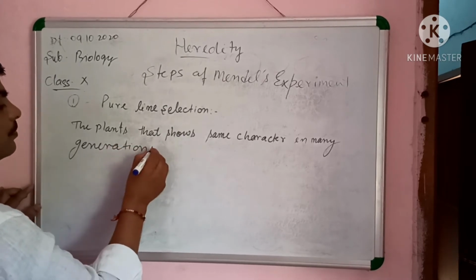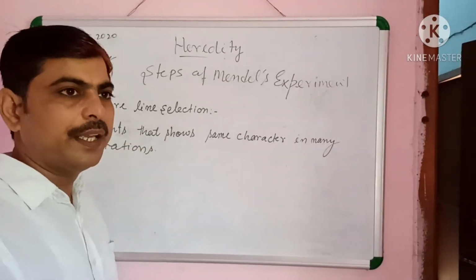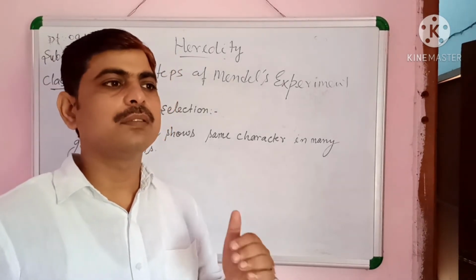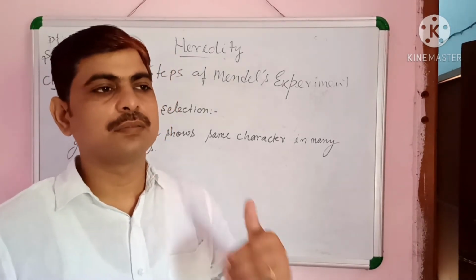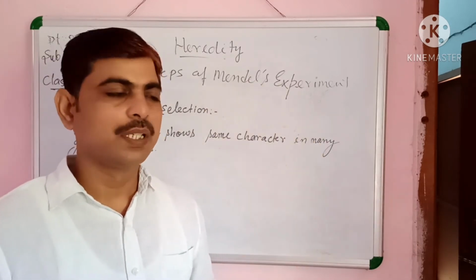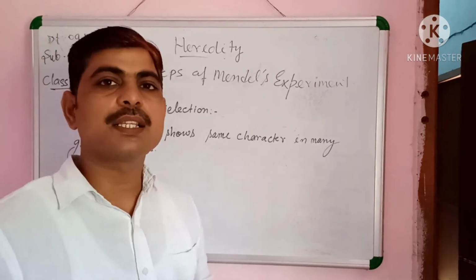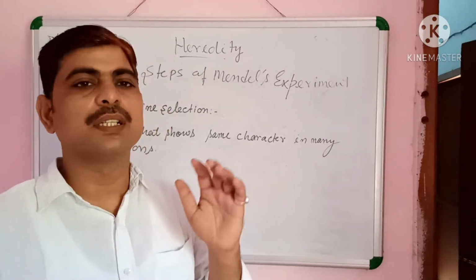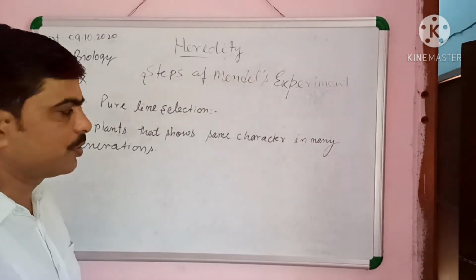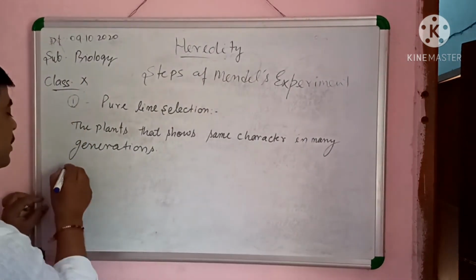That means, like if the plant is tall, then in further generations, for many coming generations, it remains tall. The plant is observed for many generations to choose the pure plant. Okay. This is the first step.